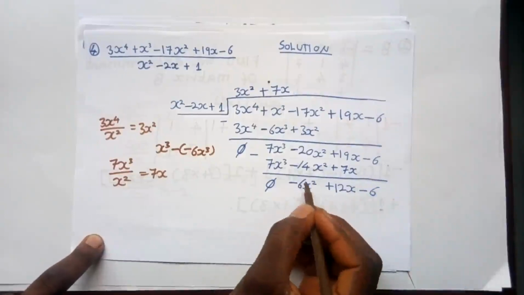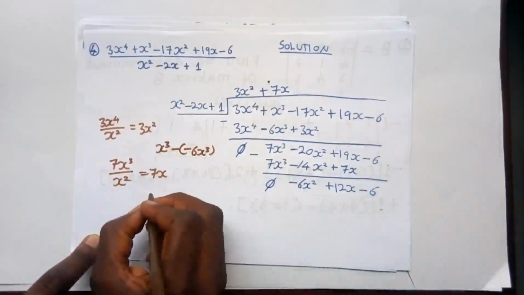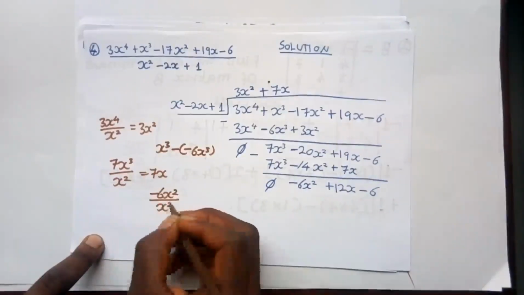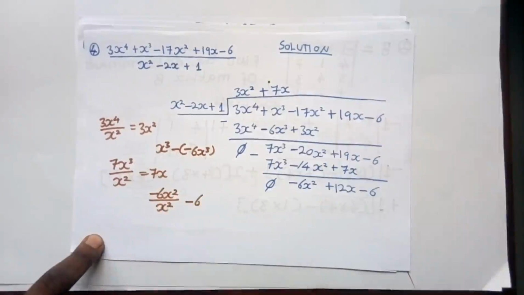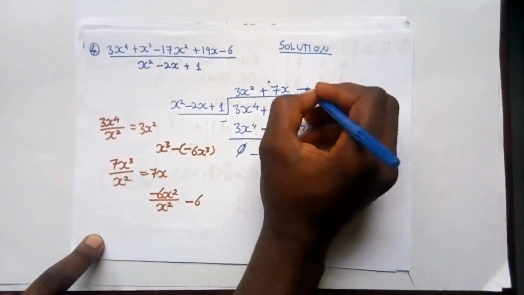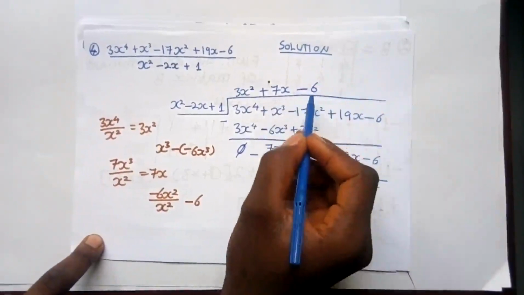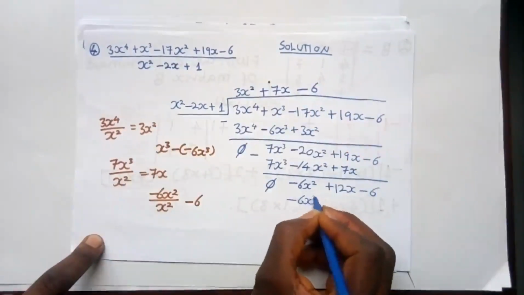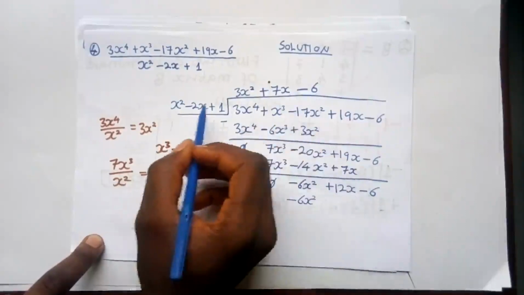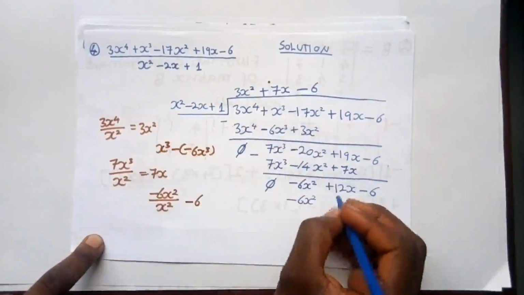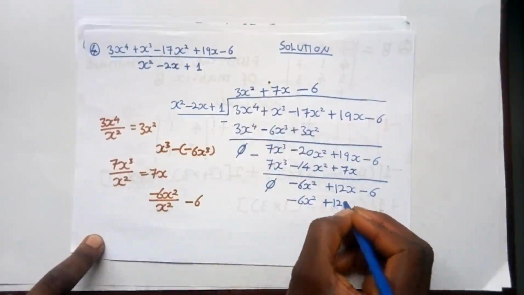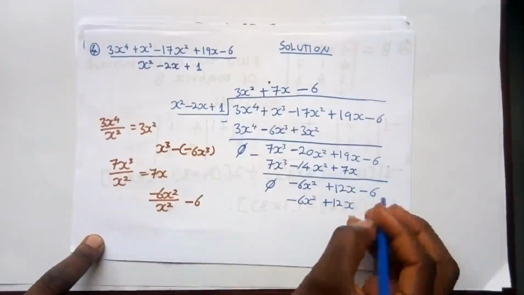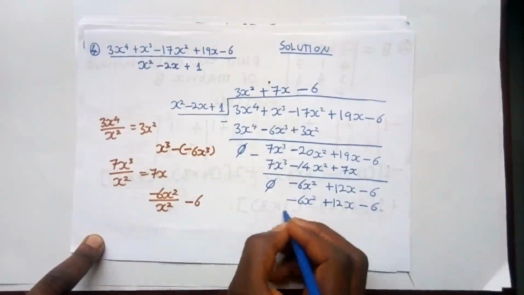So the first term here divided by the first term here, minus 6x squared all over x squared, we have minus 6. So minus 6 multiplied by x squared gives us minus 6x squared. Minus 6 multiplied by minus 2x gives us plus 12x. And minus 6 multiplied by 1 gives us minus 6.